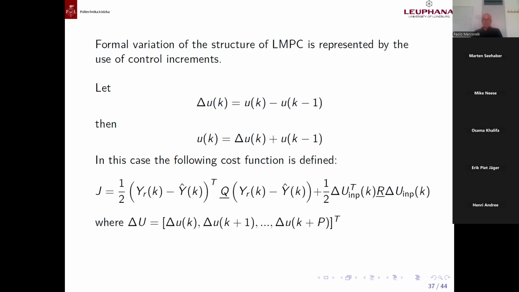This means now we'll try to find delta U. And then, of course, I know UK minus 1, I can calculate U. Once I have calculated delta U capitalized, I have all the delta U not capitalized, I can recalculate U not capitalized, just thinking that delta UK equals UK minus UK minus 1.